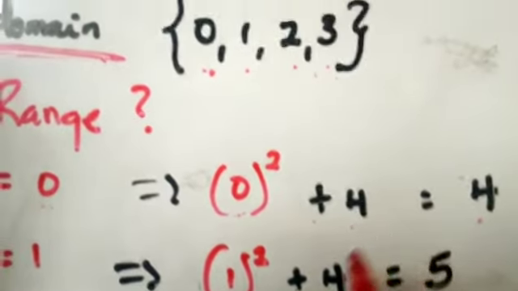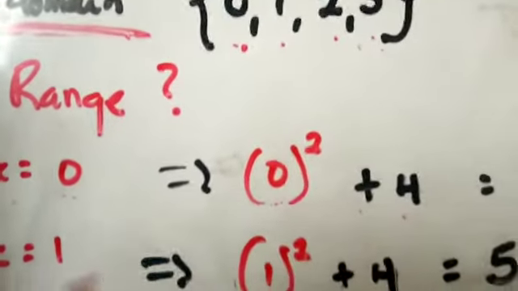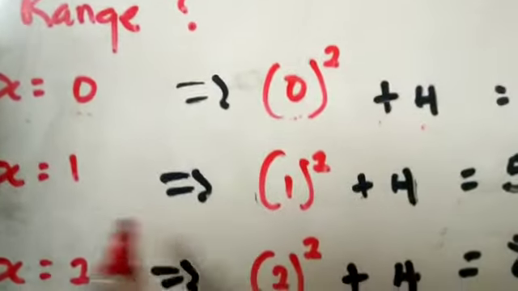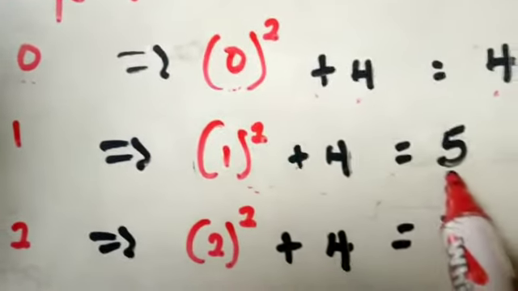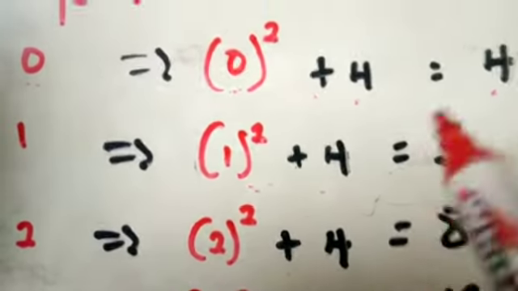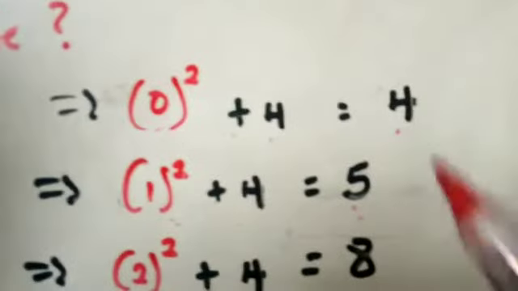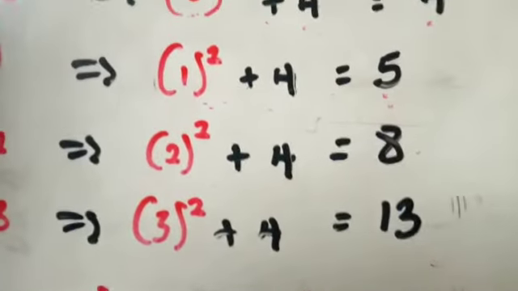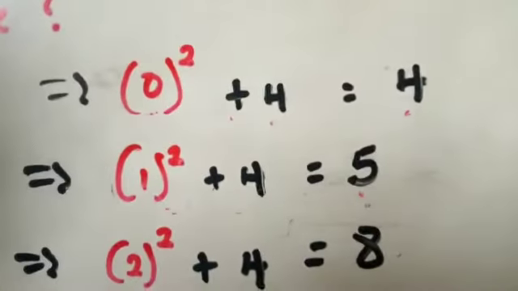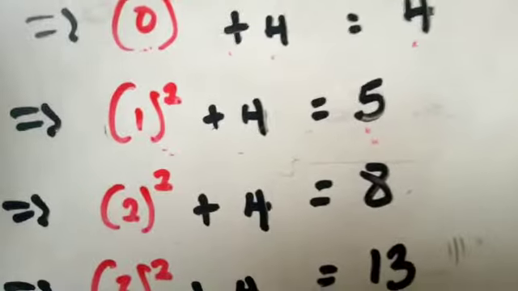Is that okay? You have to do the same thing for the rest of the 3. When x is equal to 1, you plug 1 into the machine, that will give you 1 squared plus 4. So 1 plus 4 will be 5. The same process for the rest of the 2. We are going to get 4, 5, 8, and 13. Is that okay?